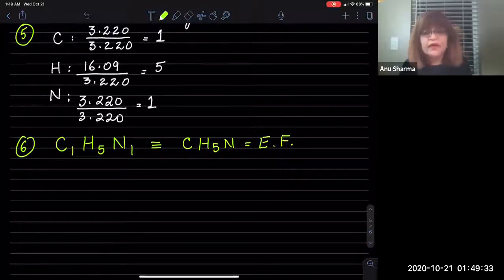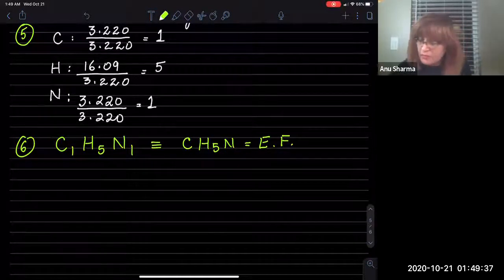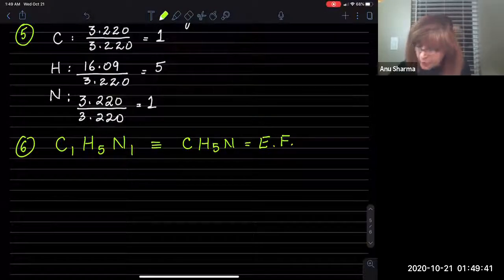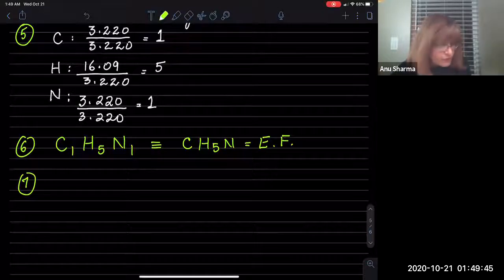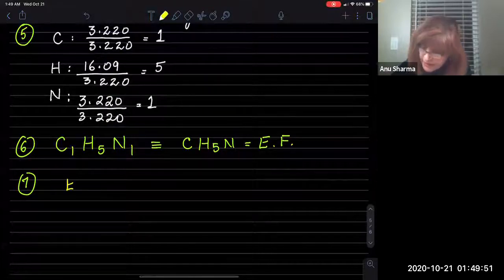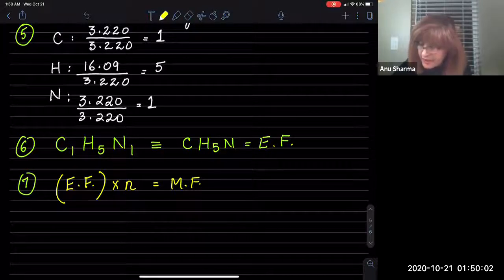Okay, that's one thing. Now the question is asking us to find the molecular formula, and what they have given is the formula mass, the molar mass. Okay, so we know the empirical formula mass, so your empirical formula times some number is going to give you the molecular formula. But what is that number?